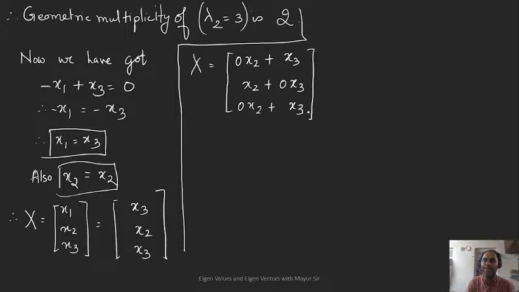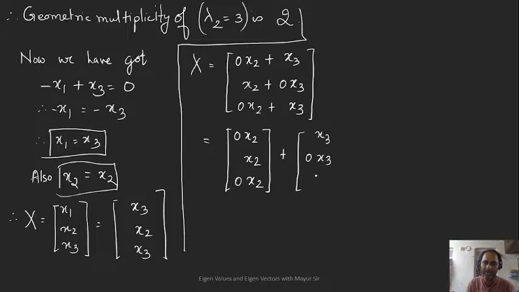Now see this magic which you saw. Try to see this as an addition of two matrices. So this will be 0 x2 x2 0 x2, plus x3 0 x3 and x3.